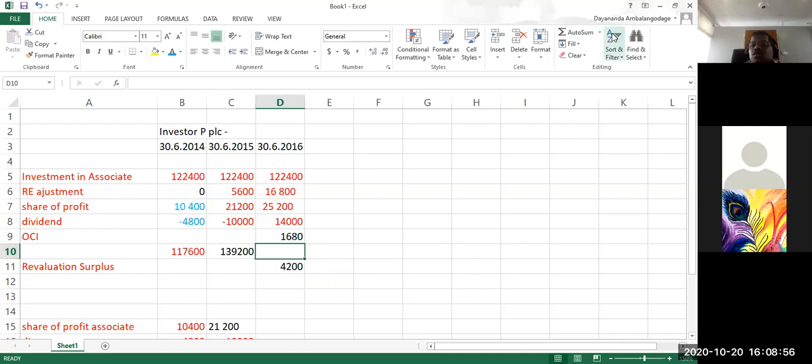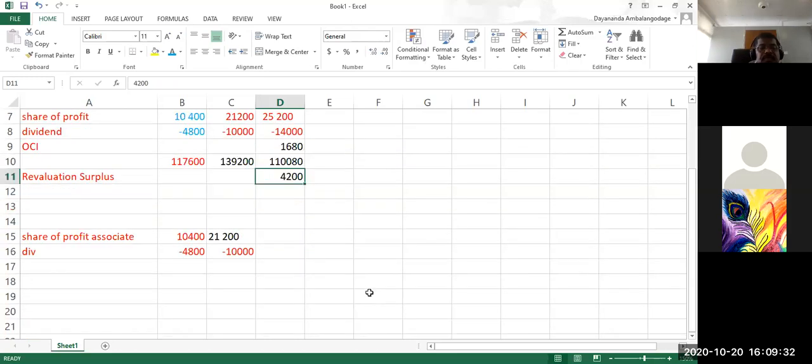So here the amount would be, here it has to be minus, no? 14,000 minus. So here the balance has to be 110. And the profit would be 25,200.